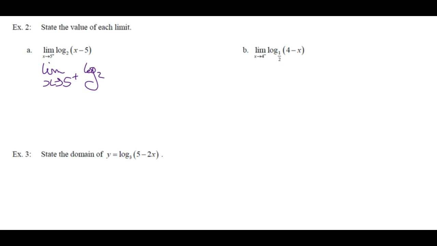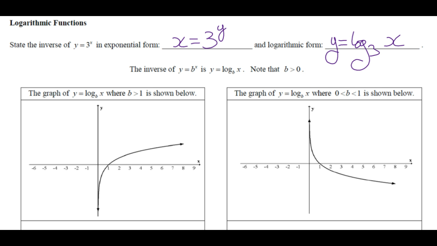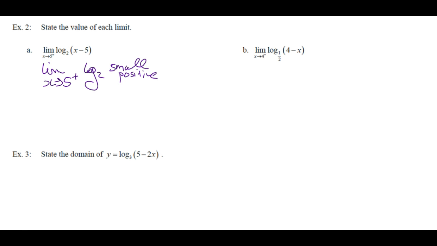So I have the log base 2 of a small positive number. And what is the log base 2 of a small positive number? Go back here. Log base 2 of a small positive number is negative infinity. So it's log base 2 of a small positive number, which is negative infinity.